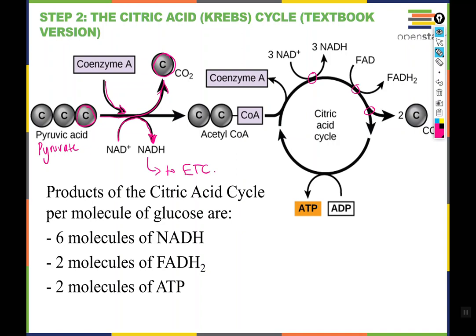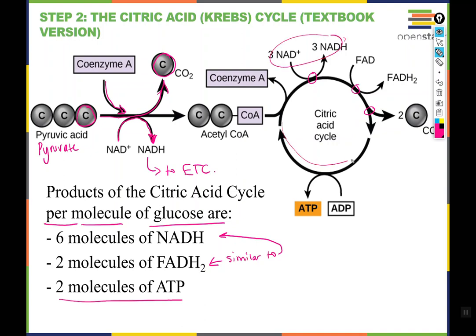So the net products of the citric acid cycle per molecule of glucose are 6 molecules of reduced NADH, 2 molecules of FADH2. This is similar to NADH. It's just a different electron carrier. It's slightly less common as well. And then 2 molecules of ATP. So you can see that there's only 1 being produced here, and there's only 3 produced here. So this whole thing goes around twice.